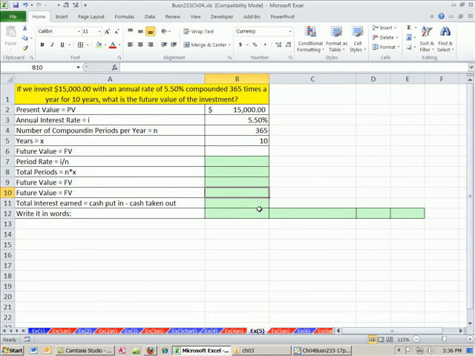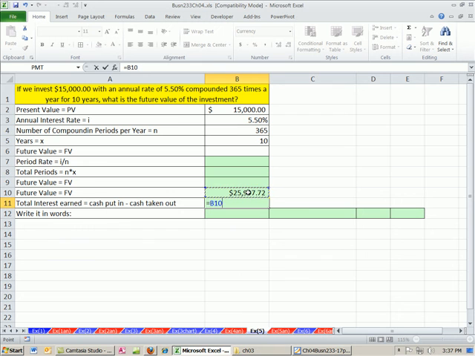So equals FV, the rate. I did not calculate my period rate, so I'm going to say that divided by 365, comma, NPER, years times periods, comma, no PMT, comma, and then minus present value. That's just a negative cash flow into the bank.